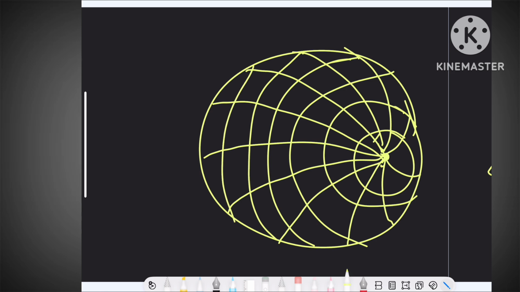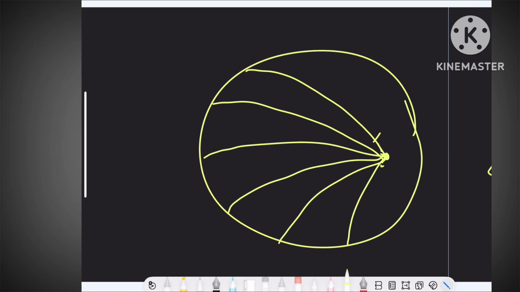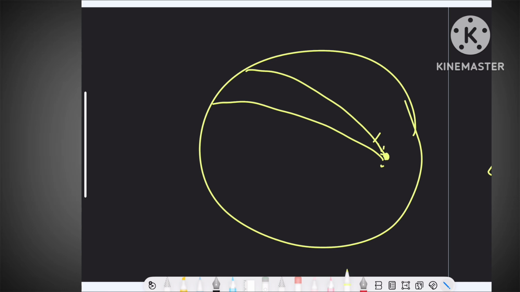Do not waste your brain thinking about what these lines are. We will study about these lines later. But here are some degrees. If you see here, lines are made like this, not like this.